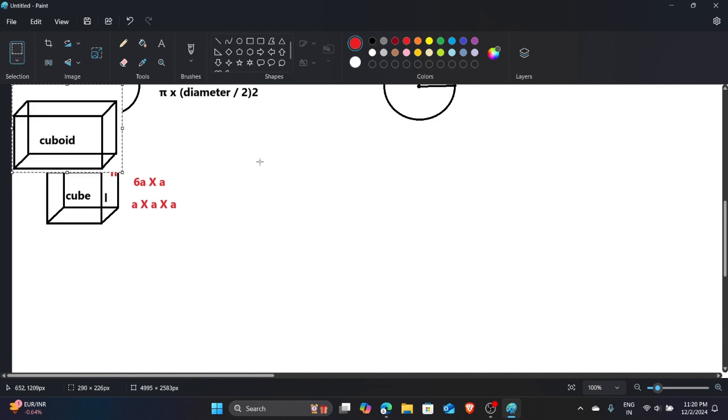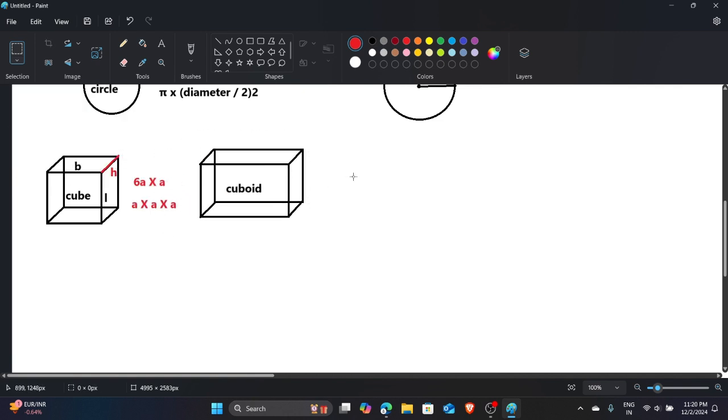Cuboid. In a cuboid also it is the same thing. First I will explain one dimension: one side is this, and one side is of yellow color.